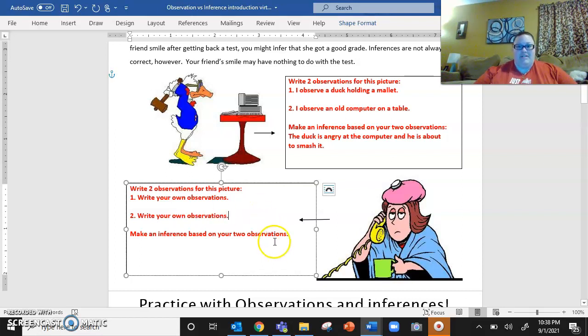If you need more time, pause the video. Now, based on these observations, make an inference. Again, pause the video if you need more time.